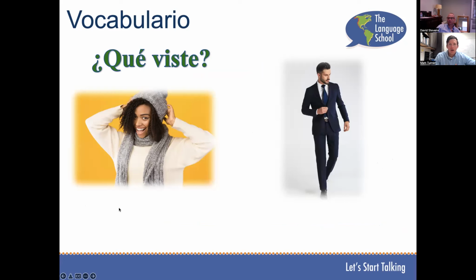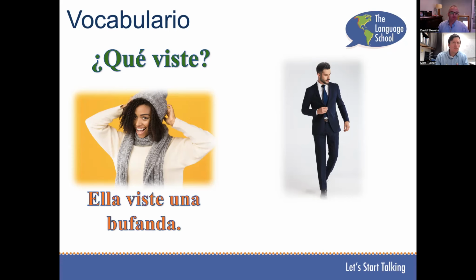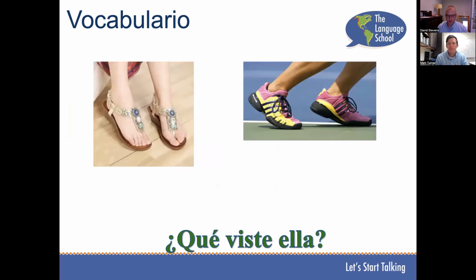Ella. Oh, I was looking for ella viste. ¿Cómo se dice winter hat? We're looking for the scarf. Oh, the scarf. That was a new one. ¿Cómo se dice scarf? Bufanda. Una bufanda. Ella viste una bufanda. ¿Qué viste? Él viste un traje. ¿Qué viste ella?